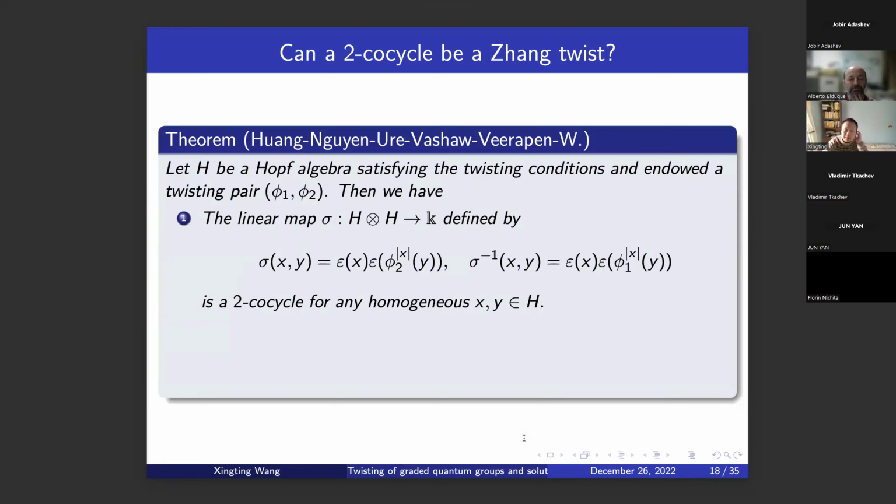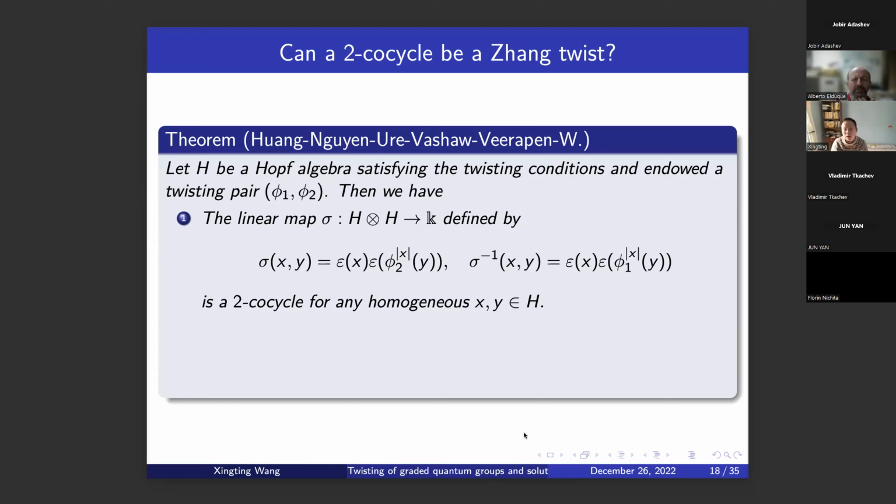Okay, now let me give you another result. The answer is this: if you give me a twisting pair, two graded automorphisms phi 1, phi 2, then I can define a 2-cocycle on H. That's the main reason we introduced twisting pairs: you can define a 2-cocycle sigma associated with phi 1, phi 2.